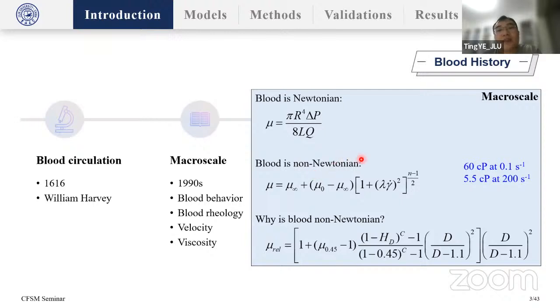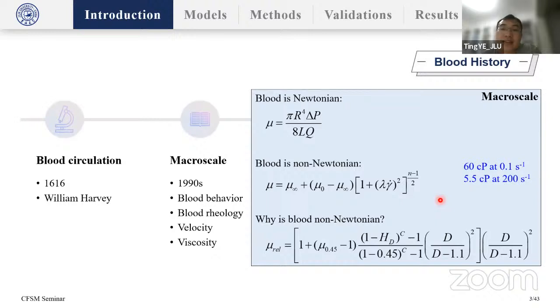Later, the blood was found to be non-Newtonian, and the viscosity is 60 cP at 0.1 s^-1, but 5.5 cP at 200 s^-1. Different types of non-Newtonian models have been developed, and here I show one of them, which depends on the shear rate gamma dot. Clearly, the non-Newtonian behavior is attributed to the presence of the cells.